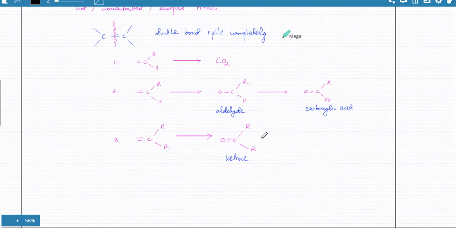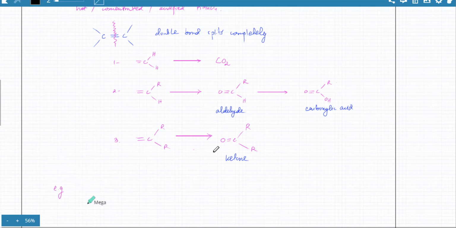Two, it has a carbon chain on one side, and gets converted into an aldehyde and then a carboxylic acid. Ignore the aldehyde, actually, it just gets converted into a carboxylic acid. And the third one is it's going to form a ketone, if there are carbon chains on both sides. So I'm going to do the first molecule first. Let's try and do strong oxidation of propene. So the first example is a propene molecule.